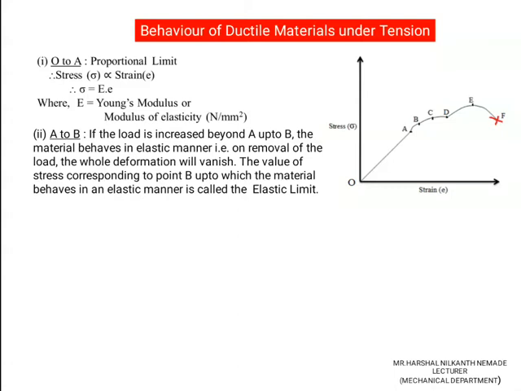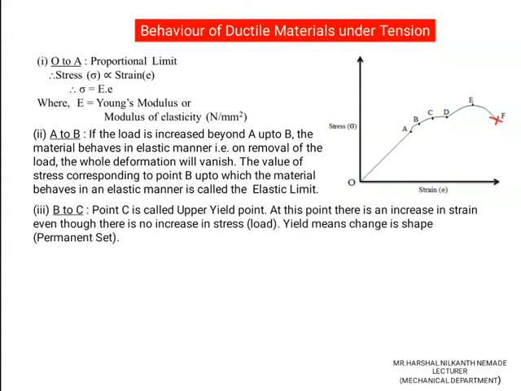So in the diagram you will see that O to A, where stress is directly proportional to strain, is a straight line. But from A to B the material gets a little deformed and it will vanish, and at that time there will be elastic behavior in the material.